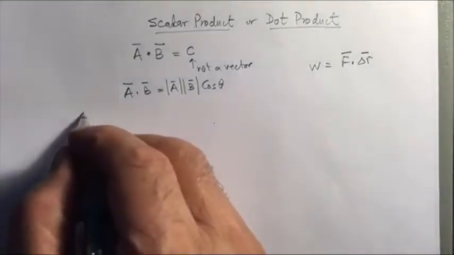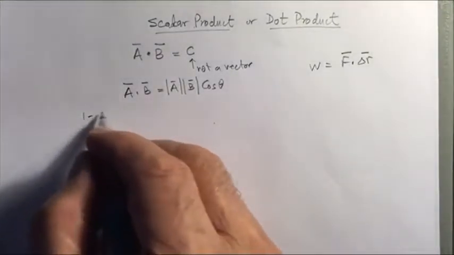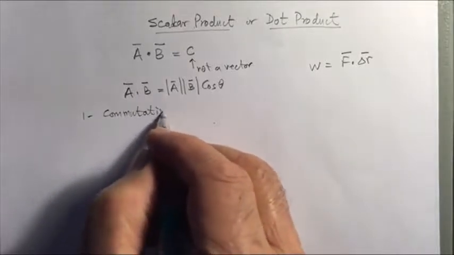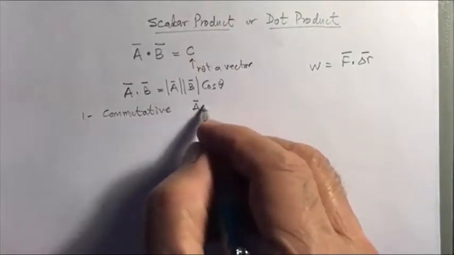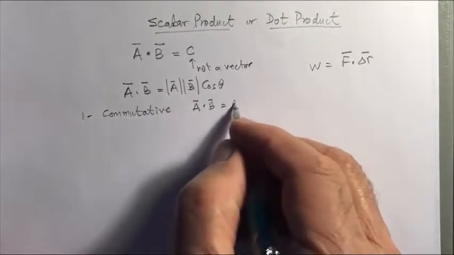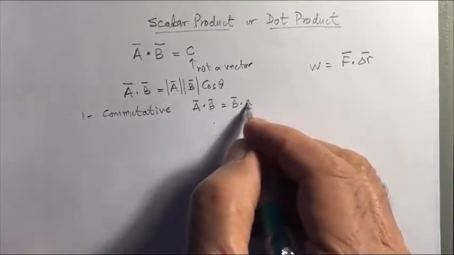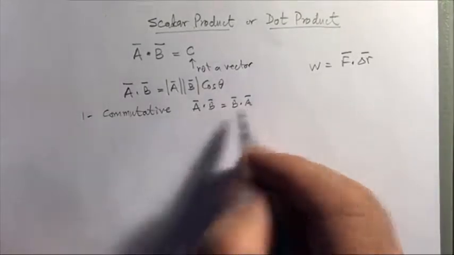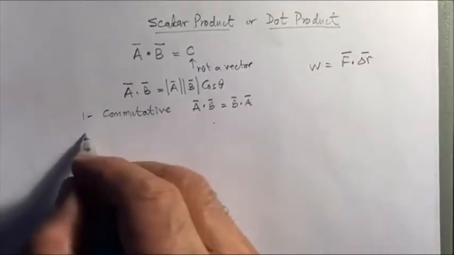Now we look at some properties of the dot product. First, it's commutative, which means A dot B is the same as B dot A, and so you can use any order in the dot product.